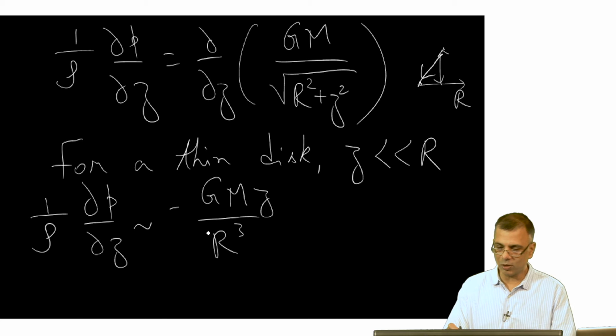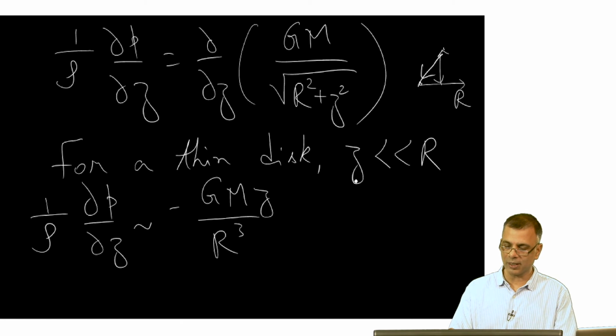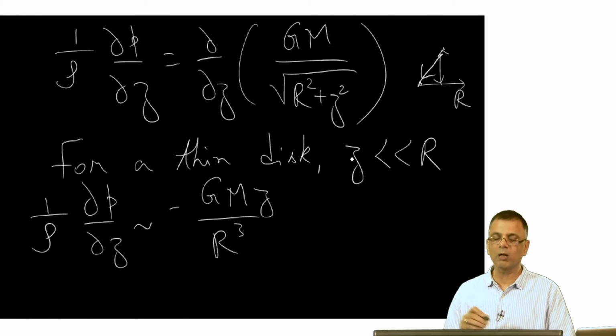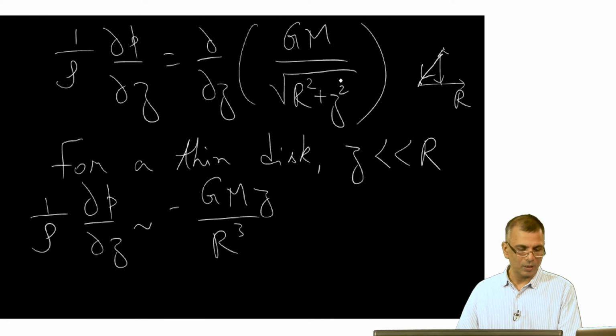Where does that come from? You pull out an r, you write 1 plus z squared over r squared, and then you do a binomial expansion, using the fact that z over r is a small parameter, and so this simplifies to this.